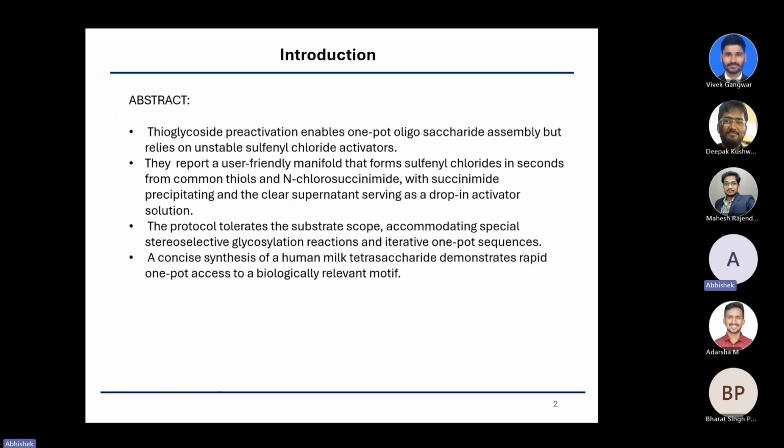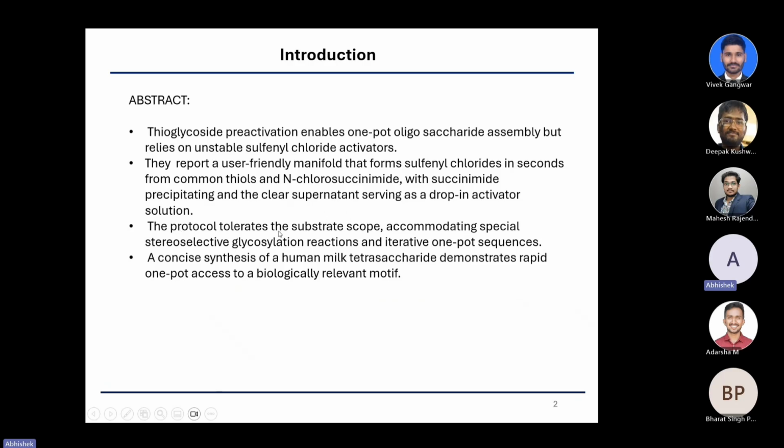Thioglycoside preactivation enables one-pot oligosaccharide assembly but relies on unstable sulfenyl chloride activators. They report a user-friendly manifold that forms sulfenyl chloride in seconds from common thiols and N-chlorosuccinimide, with succinimide precipitating and a clear supernatant serving as a drop-in activator solution.